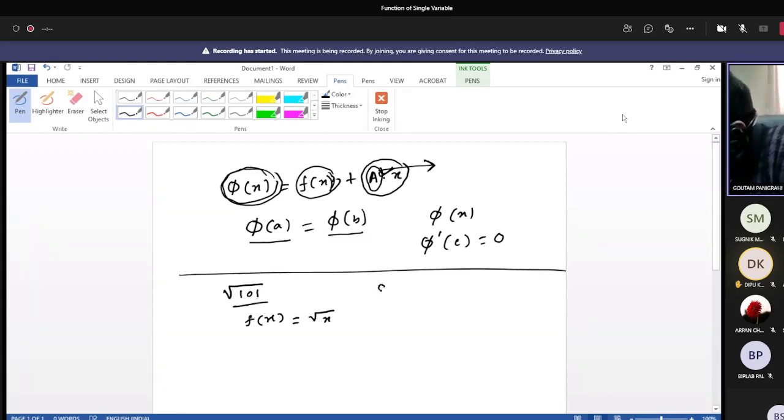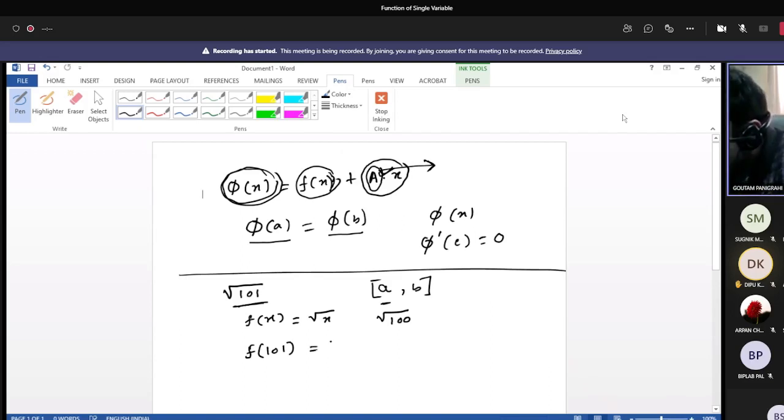Then you have to fix what will be the interval ab. You have to start from some value that is known. So 101 you have to calculate, and root of 100 is known to you, that is 10. And you have to calculate f of b, that is f of 101. How can it be done?